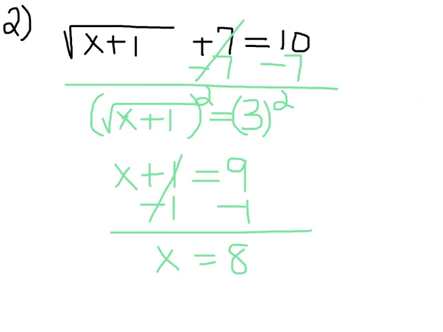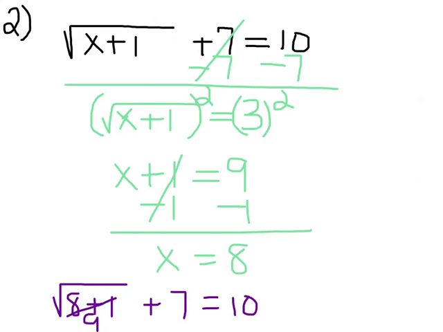We need to plug this into our original equation to check our work. So if x is 8, we have the square root of 8 plus 1 plus 7, and we need to make sure that that equals 10. So 8 plus 1 is 9, and the square root of 9 is 3. So 3 plus 7 does equal 10, and we've checked our work.